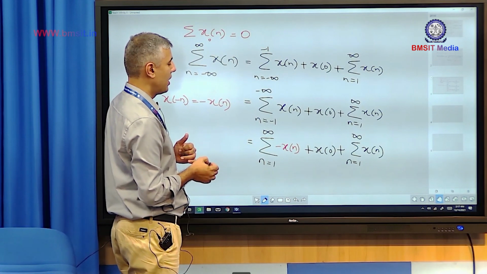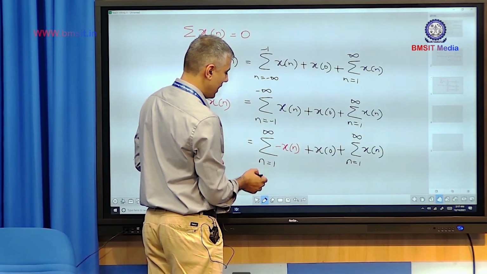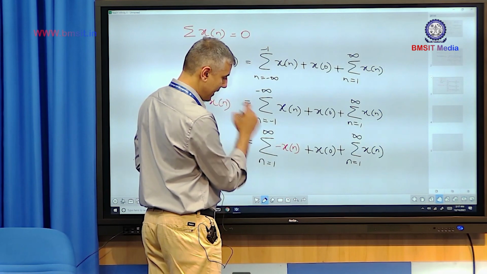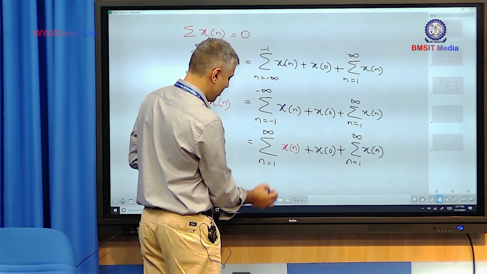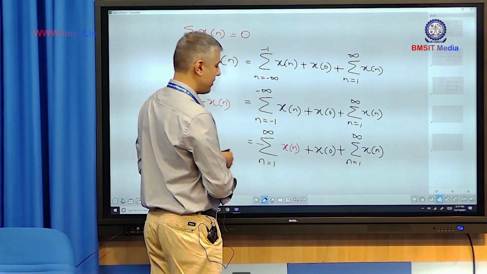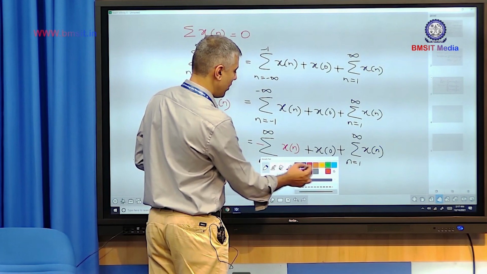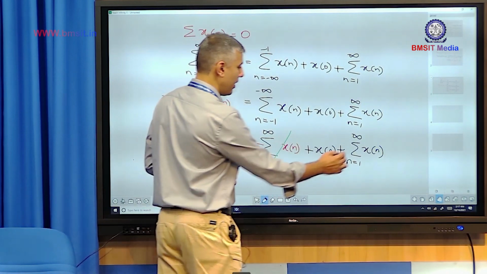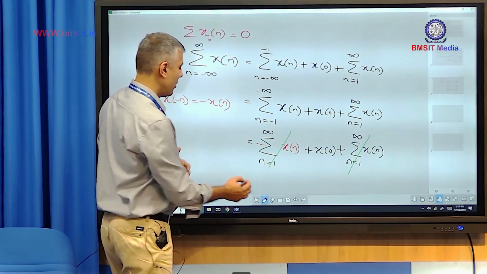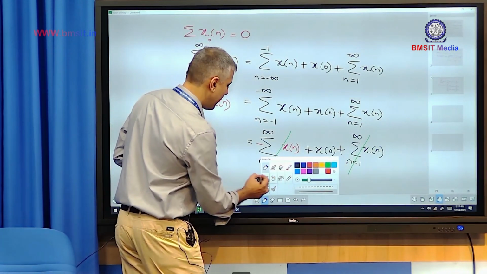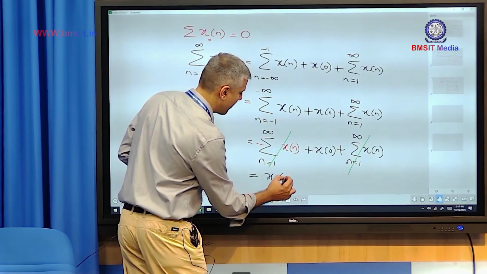Based on that definition, the negative sign can be brought out. This leads to the cancelling of the first term with the last term. So the remnant is now only x of 0.